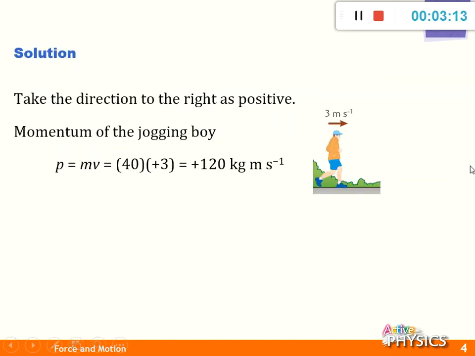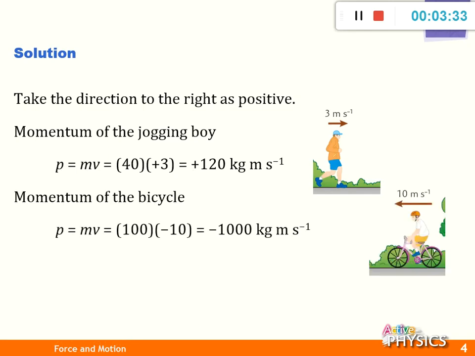Firstly, focus on this man. You can define it towards the right hand side will be positive. Then after the calculation, you can see that positive, because in this one, the velocity of v will be the same in the direction of the momentum. On the other hand, for the bicycle, okay, in opposite direction, so we can let it negative.